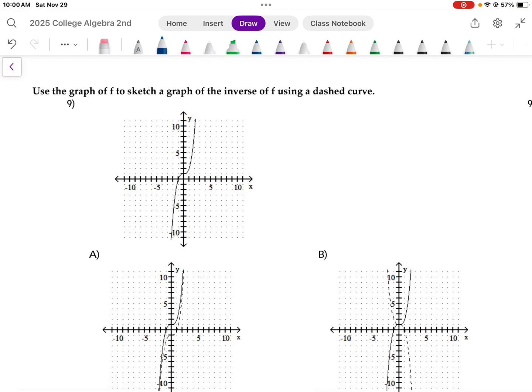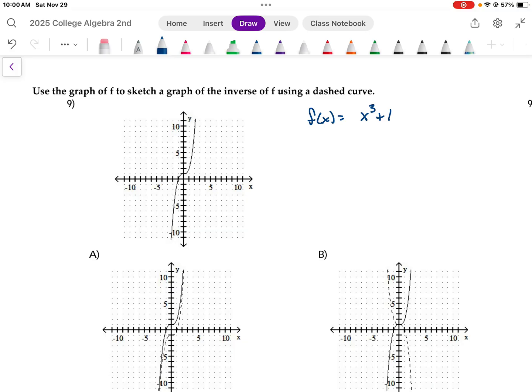They say use the graph of f to sketch the inverse of f using a dashed curve. Okay, great. So when you're finding the inverse, technically the way I see this equation is f of x is equal to, it's the cubic graph, so x cubed plus 1. And then there's a couple rules of thumb.